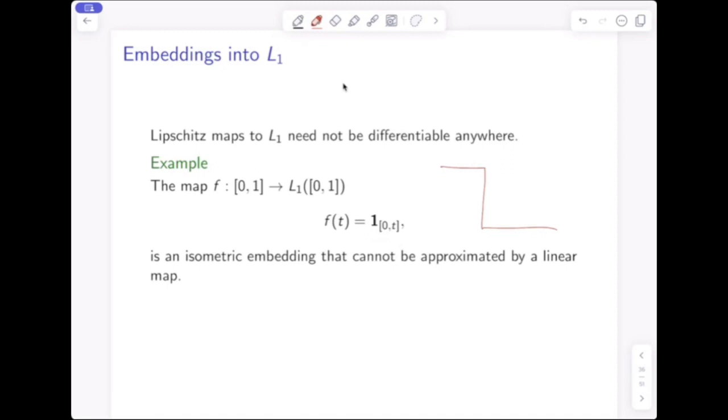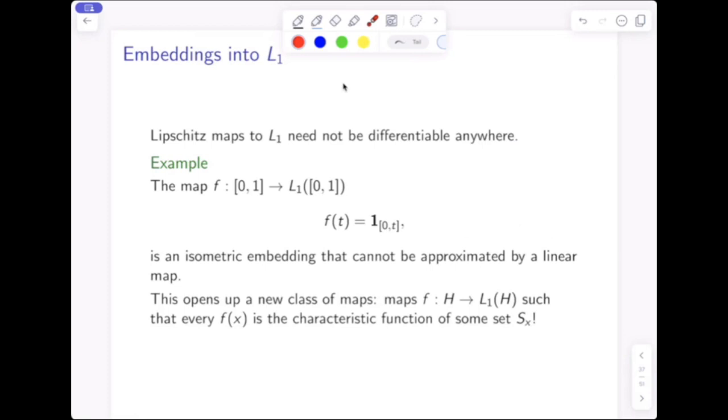If you take Fs and Ft, two different characteristic functions like this, the distance between them is the area of this rectangle, which is the absolute value of S minus T. So the distance between f of s and f of t is the distance between s and t. And so this is an isometric embedding, but it can't be approximated by a linear map anywhere. It's not differentiable anywhere.